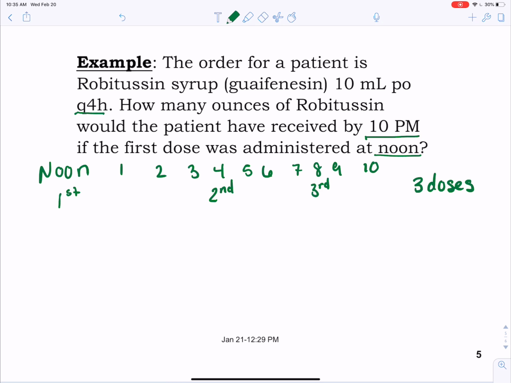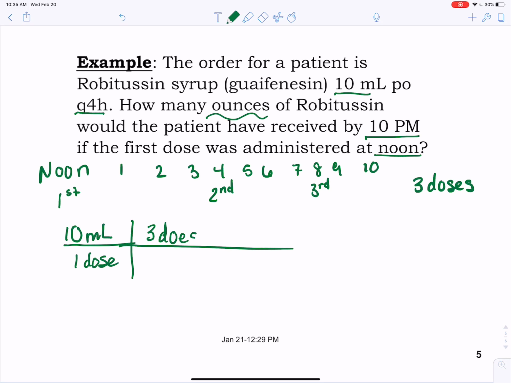So let's look at this again. They're getting 10 milliliters by mouth every 4 hours, and we want to know how many ounces of Robitussin the patient would have received by 10 p.m. So we know that there's 10 milliliters in every 1 dose. We know that the patient is getting 3 doses.